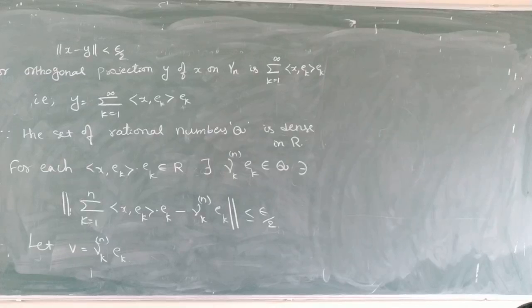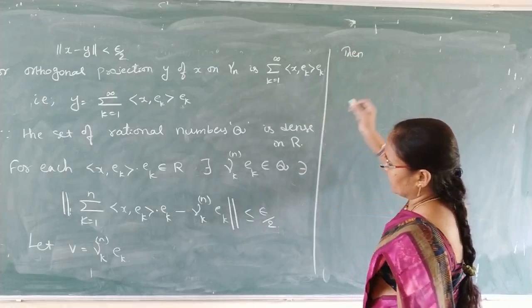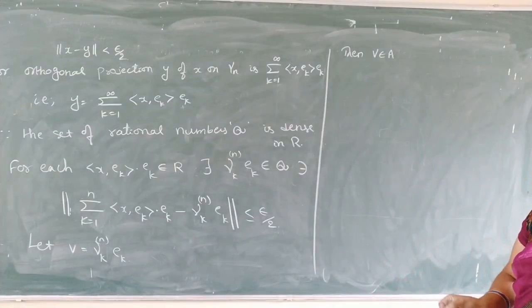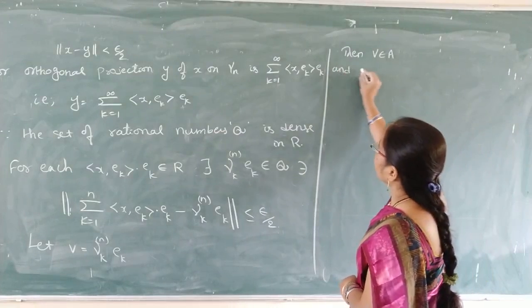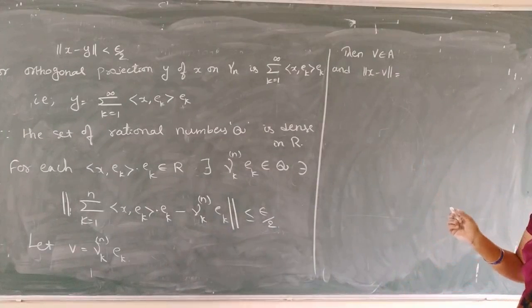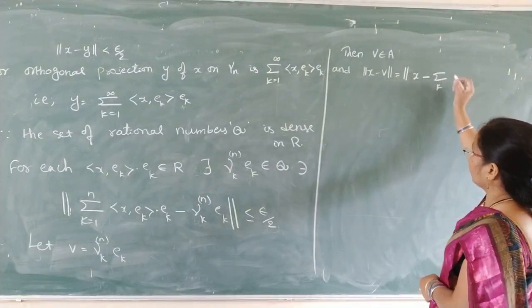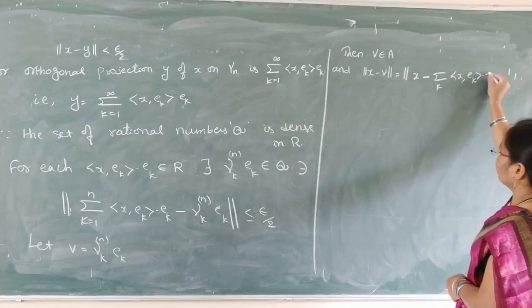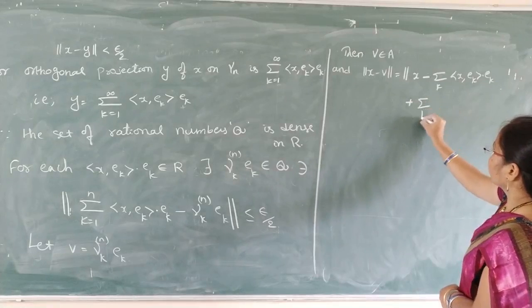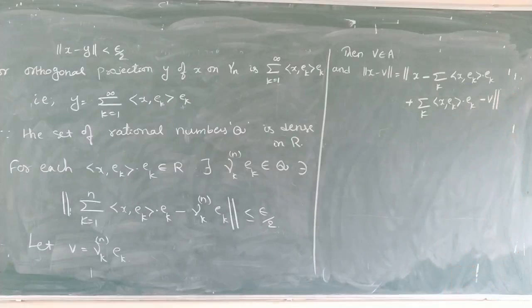So B belongs to A, and we calculate the norm of x minus B. Here we add and subtract the summation over k of inner product of x comma e_k into e_k, so there is no change in the expression.